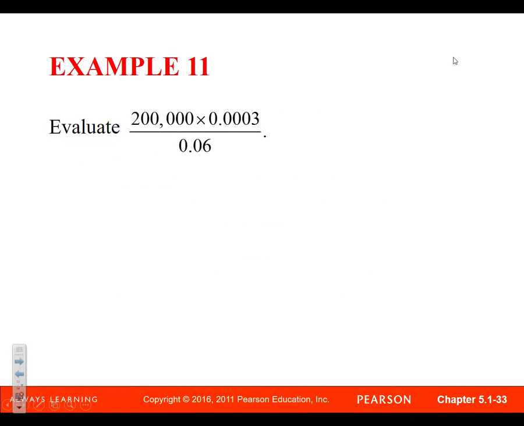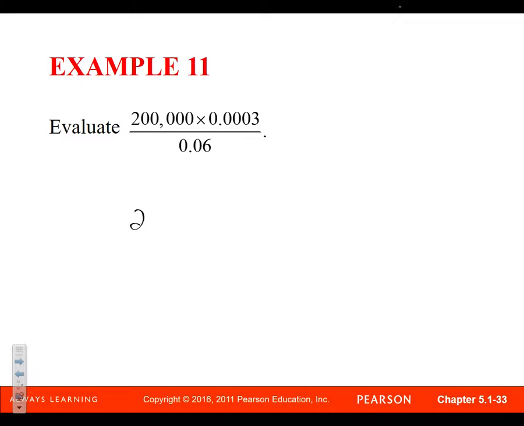Here we go. Let's do some math now. We need to simplify this thing. You see it? It's 200,000 times, what number is that? Tenths, hundredths, thousandths, 10,000ths. Okay, so we need to first do scientific notation.